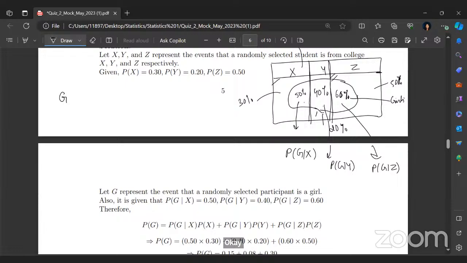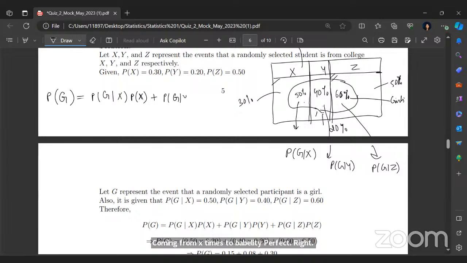Now, when you have to find the probability that the participant is a girl, you have to use the law of total probability, right? So this is the probability of girl coming from X times probability of X, plus probability of girl coming from Y times probability of Y, plus probability of girl coming from Z times probability of Z, right?